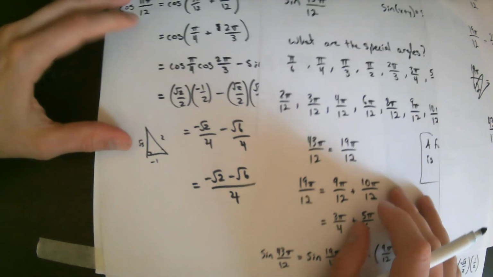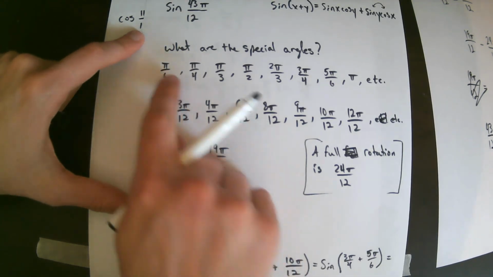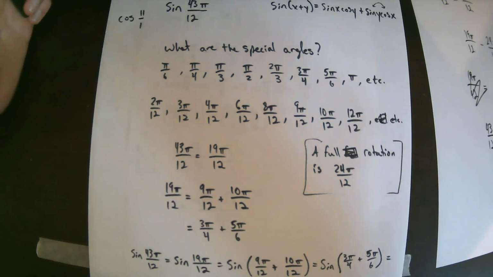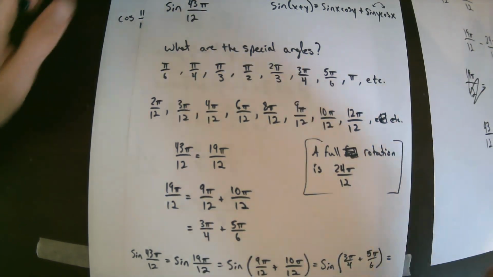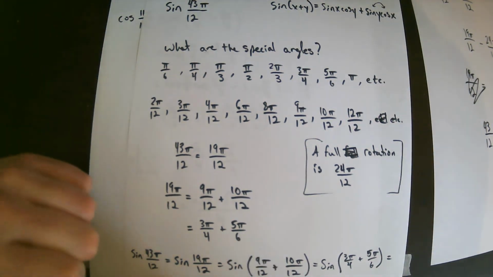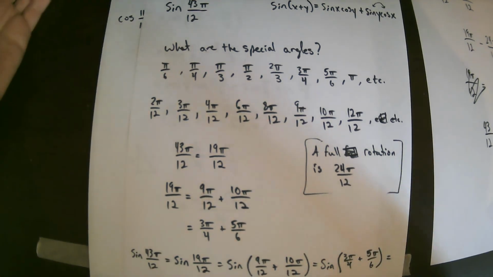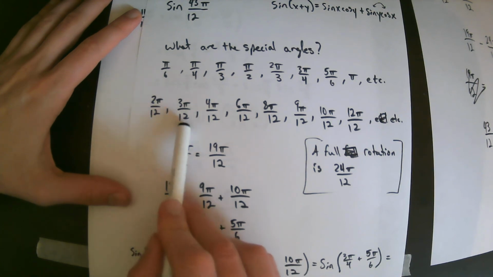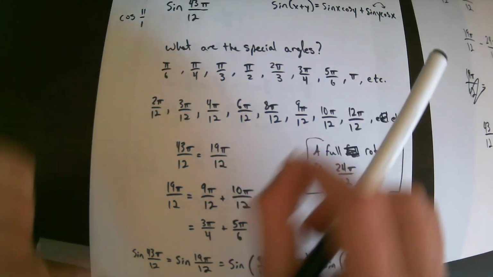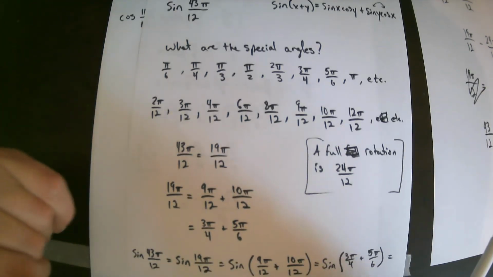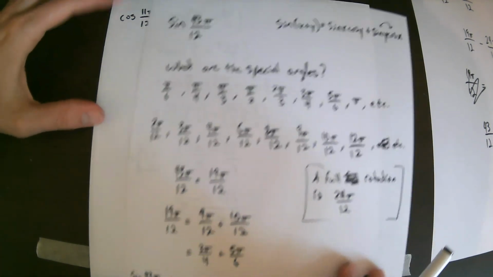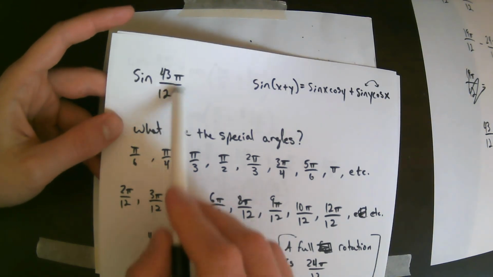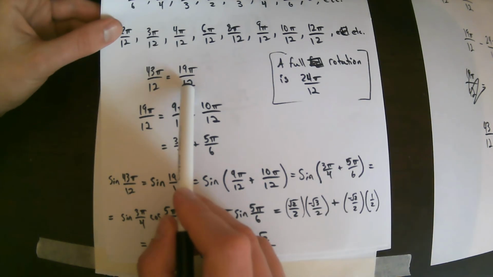So if the denominator was 15, then you'd want to rewrite all of these angles with a denominator of 15, if possible. 15 would be a weird one, but if it was like 24 or something like that, then you'd want to write all of these in terms of a denominator of 24. That way you can easily pick the ones that add to give whatever it is you're looking for. And also watch out for full rotations. If you can pull a full rotation out like this one, it makes the problem much easier.